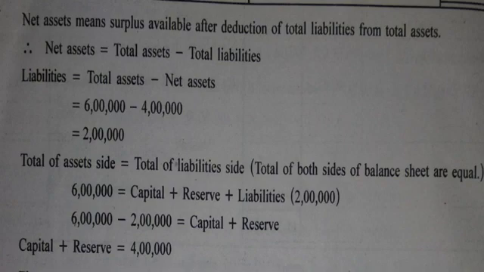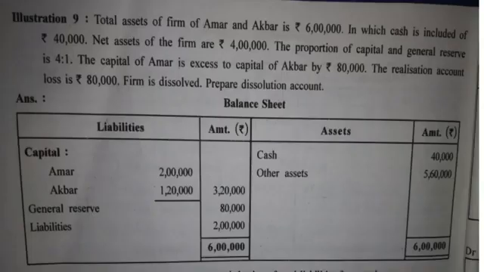Alright, so let us place this in the balance sheet. Liabilities 2 lakh. Cash 40,000. Other assets 5,60,000. 6 lakh and 2 lakh here. So what about the remaining? The liabilities side first of all consists of capital, then reserves and surplus, and liabilities, of which we have obtained the amount, which is 2 lakh.